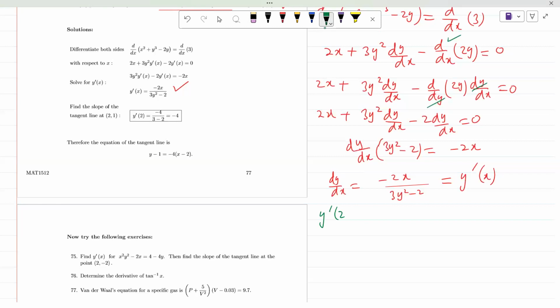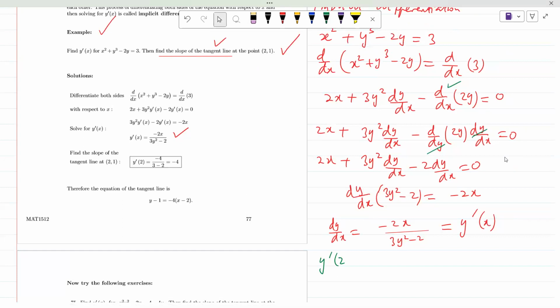What is the x value here? At this point, x is 2 and y is 1. So we have minus 2 times 2, divided by 3 times y squared, where y is 1, minus 2.